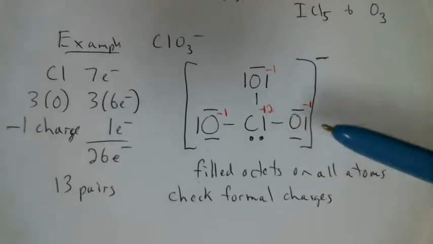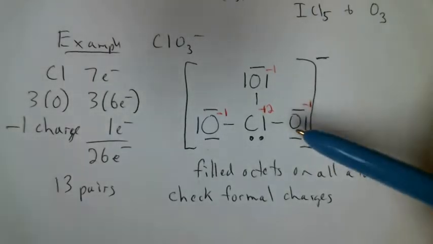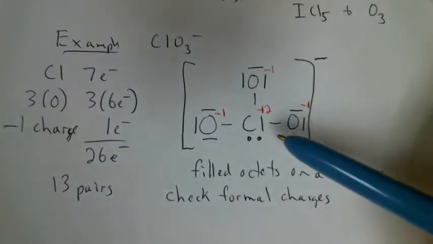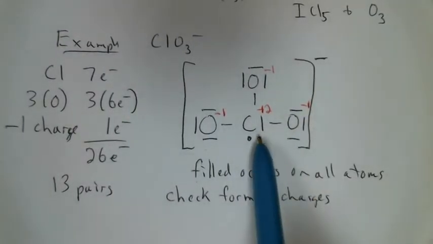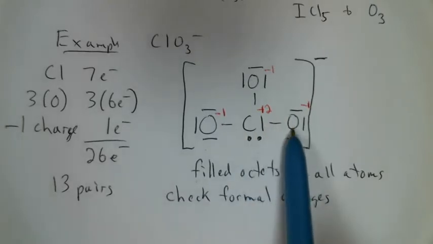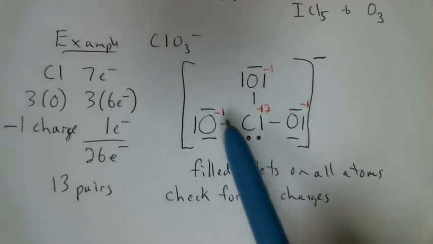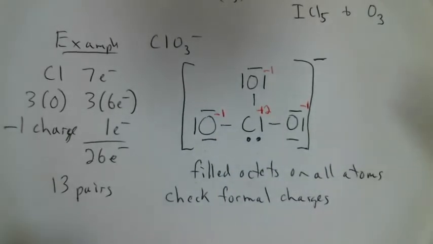But what the formal charges tell us in this case is that's not a great Lewis structure for this polyatomic ion, because the charges are really split up. +2 on the chlorine, that's pretty electronegative compared to, both oxygen and chlorine are close to fluorine, right? But it's not evenly distributed.